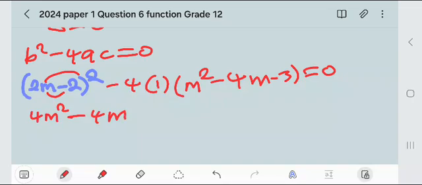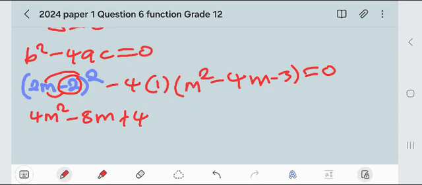I also add what I've multiplied, so I add minus 4m, which will be minus 8m. Then I square the last, including the sign, which will be plus 4. We are done with that part.